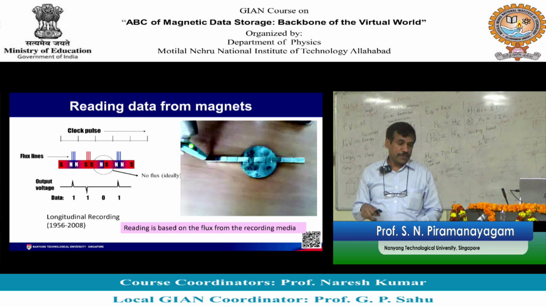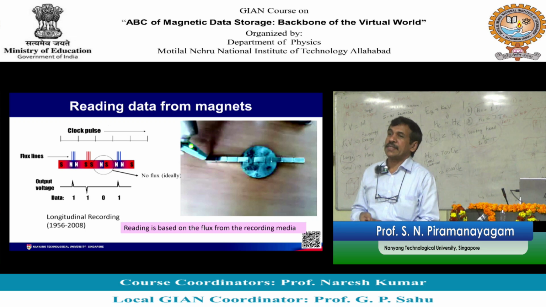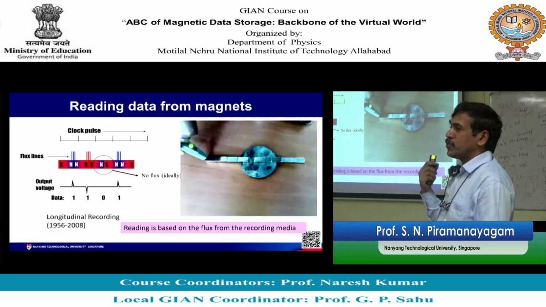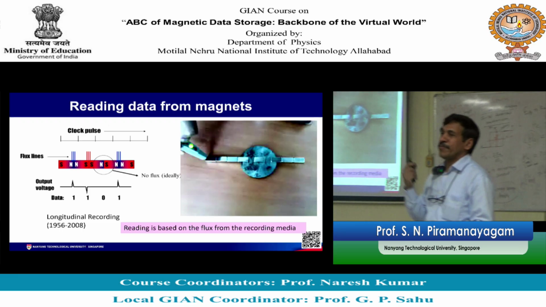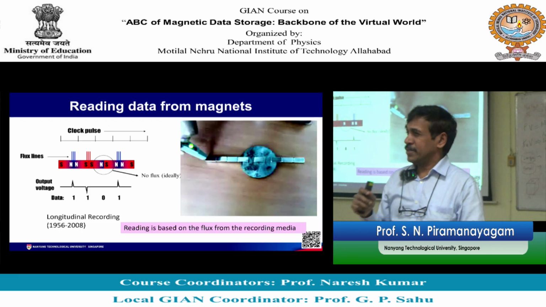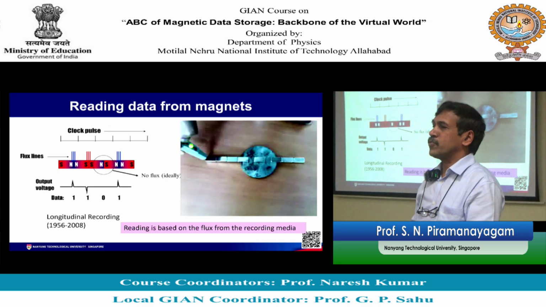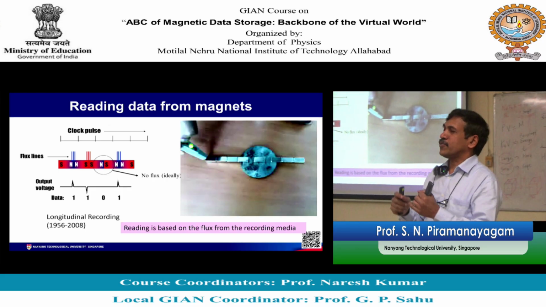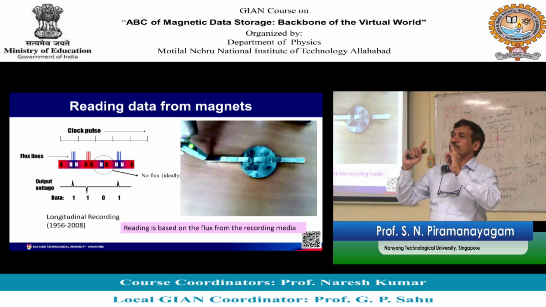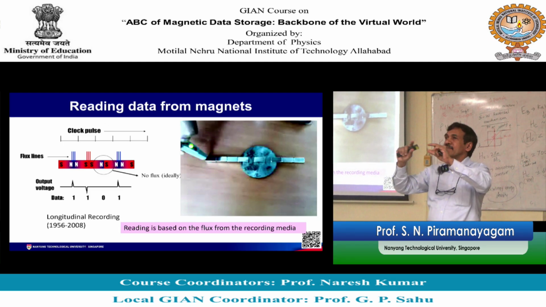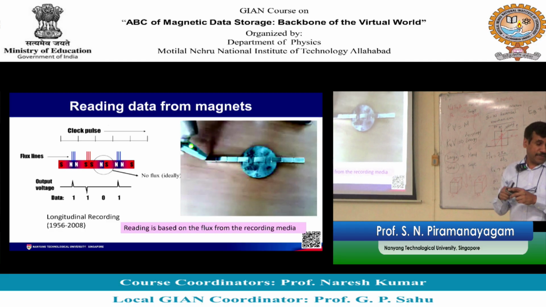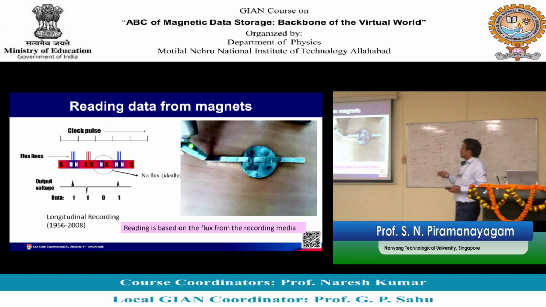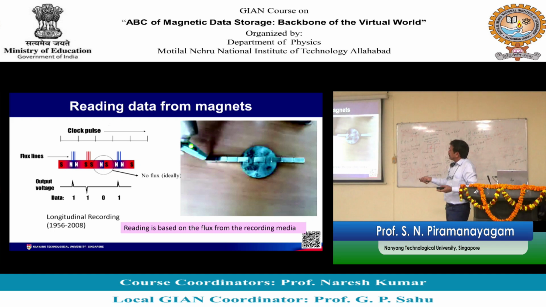This is very old technology. At that point of time, we didn't store information at high densities. If you remember, Professor Naresh told you that the first ever hard disk drive could store only 5 megabyte with 24 disks of 2 feet diameter. So in earlier days, the density was not high, so we could manage to use these kinds of techniques.